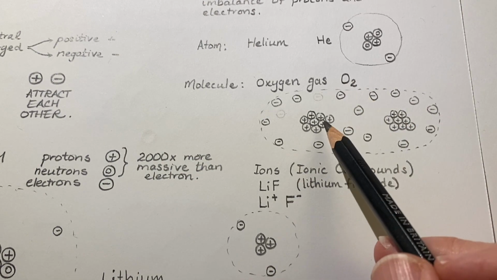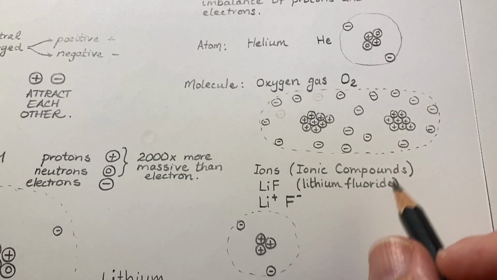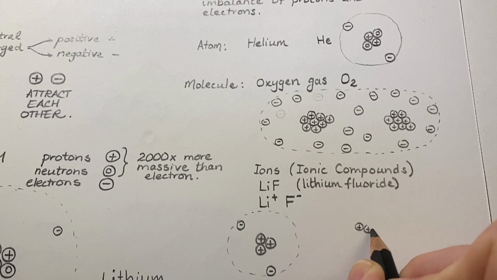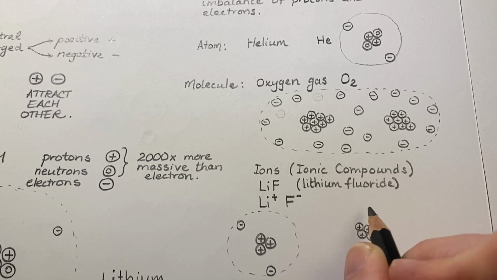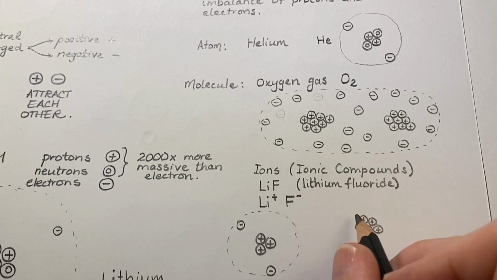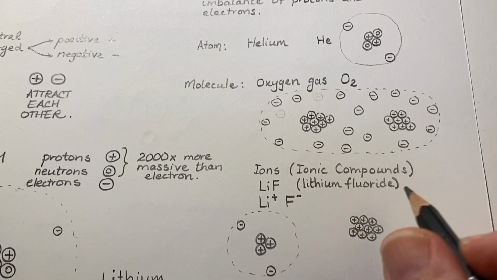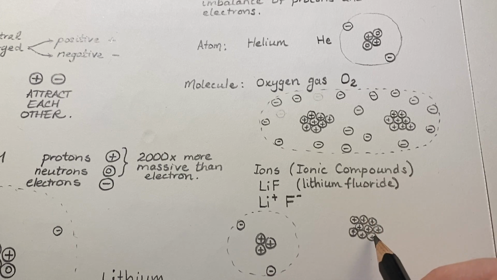So oxygen has 8 protons. Fluoride has 9. Okay. So here's our nucleus of fluoride.